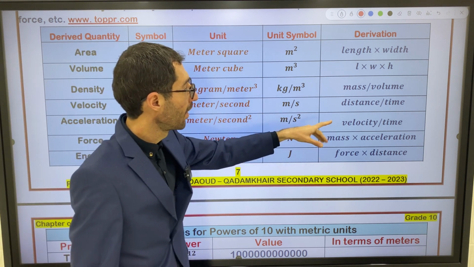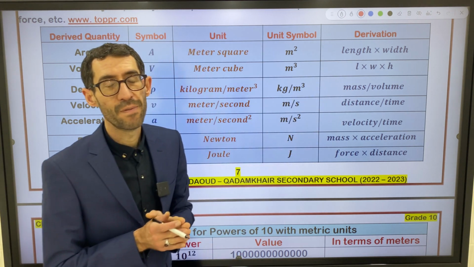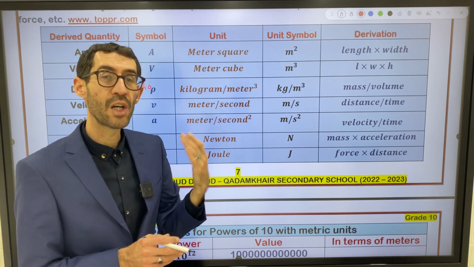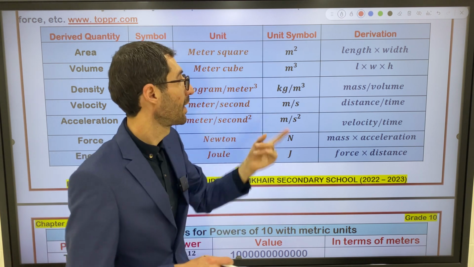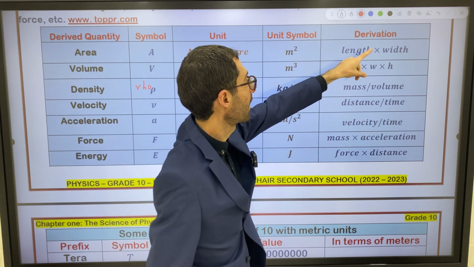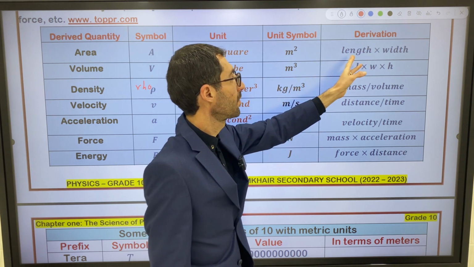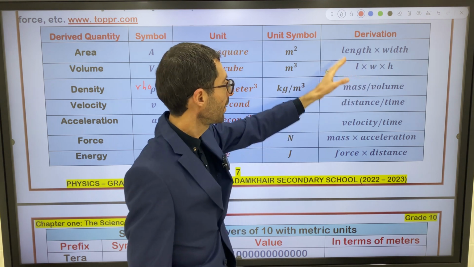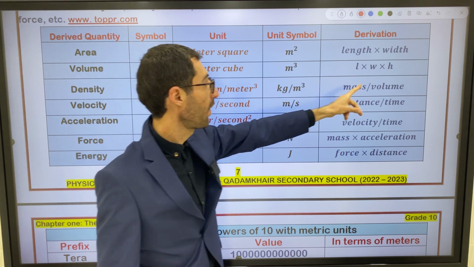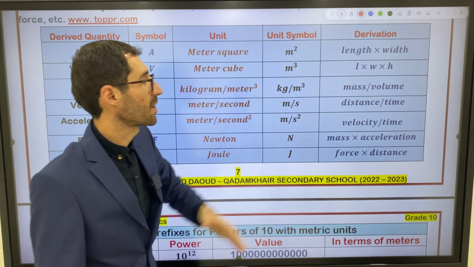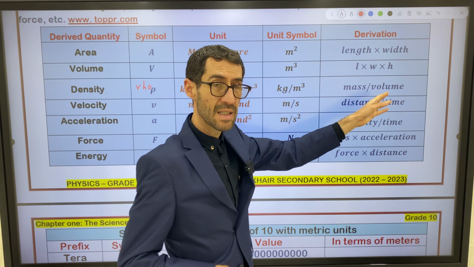You see, all of these physical quantities are derived from what? They are derived from fundamental quantities. For example, length times width, or mass over volume. Mass is a fundamental quantity, and volume is another quantity.